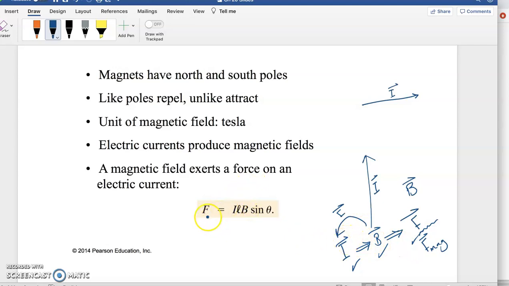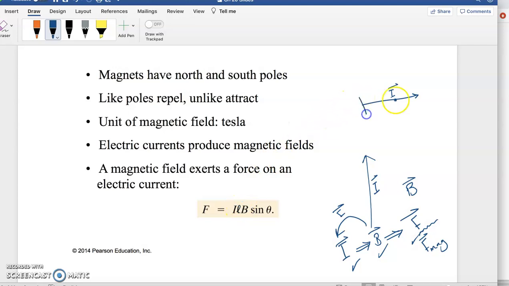The magnitude of the magnetic force is equal to the current itself, which is basically the origin of everything, times the magnetic field that is created due to this current, times the length of that wire.